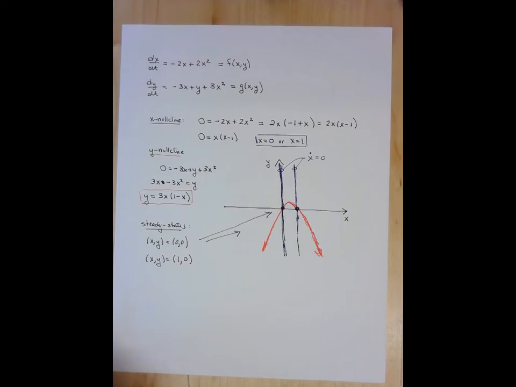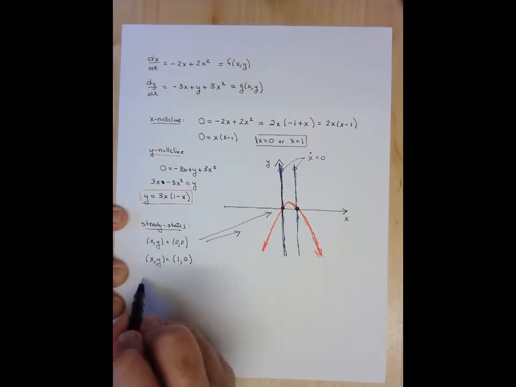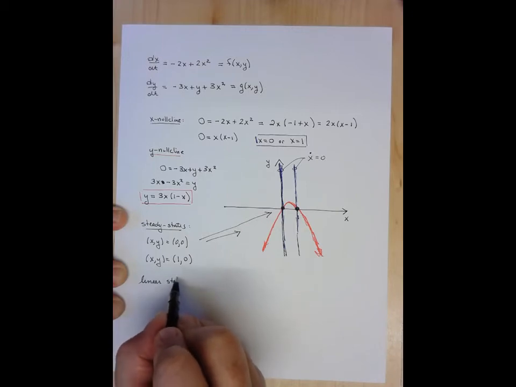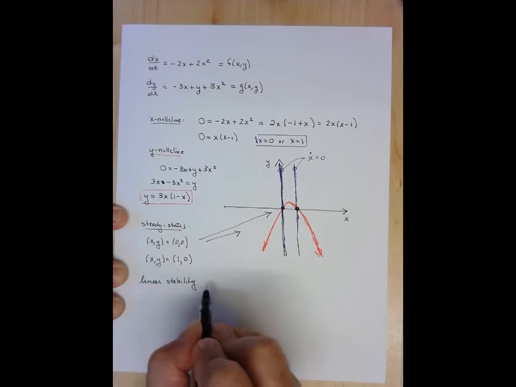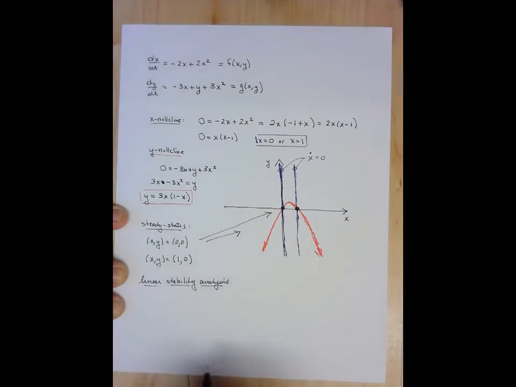I think in this case I'll do that even before I sketch any flow on the phase plane. So remember, in order to do that, we're going to calculate something called the Jacobian. So this is now linear stability analysis of those two steady states.